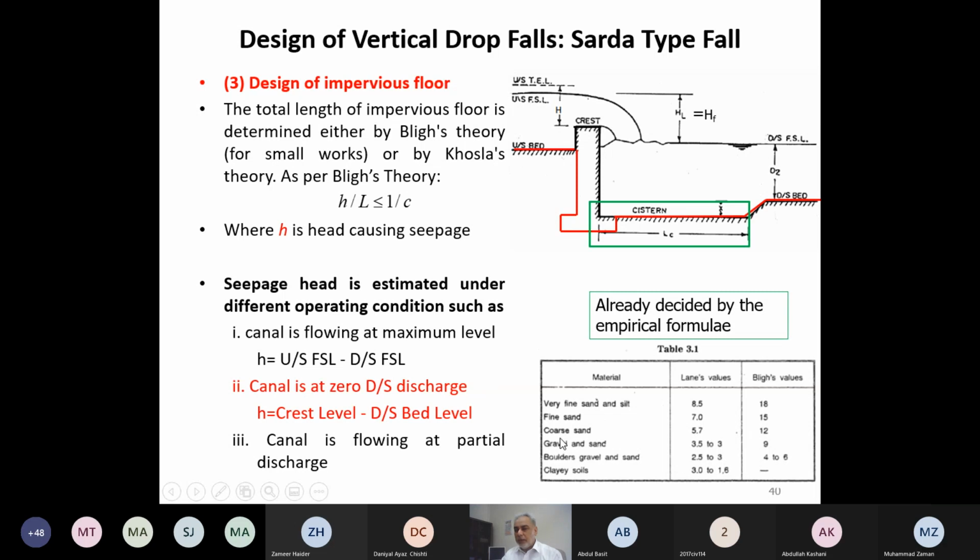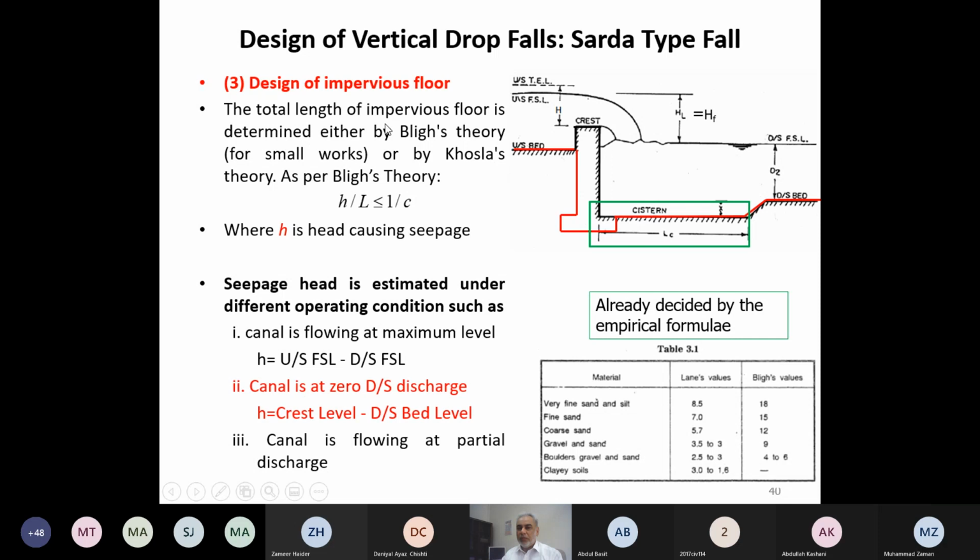For example, for coarse sand, C value should be 12 or more than 12. So if the gradient of the head causing seepage is less than 1 over C, we say that with respect to uplift pressure, this structure is safe.